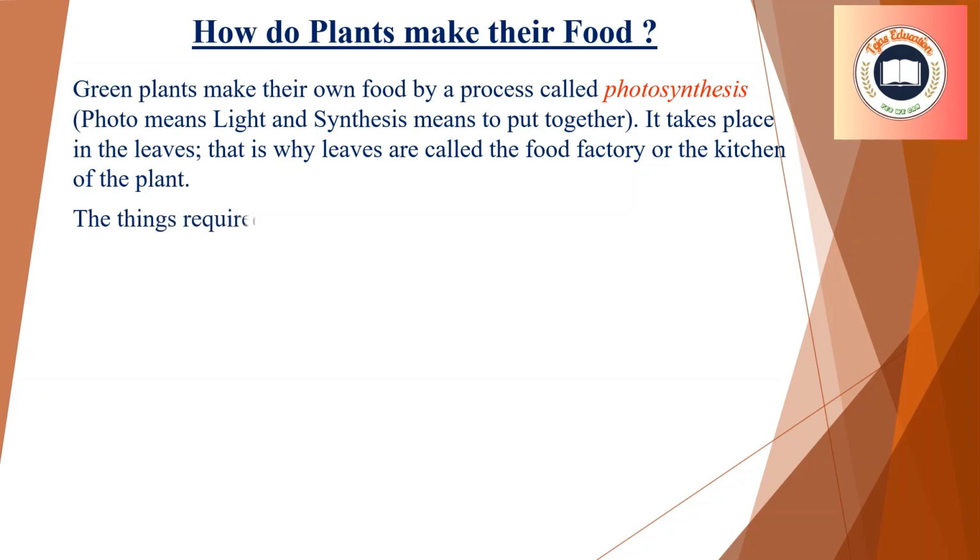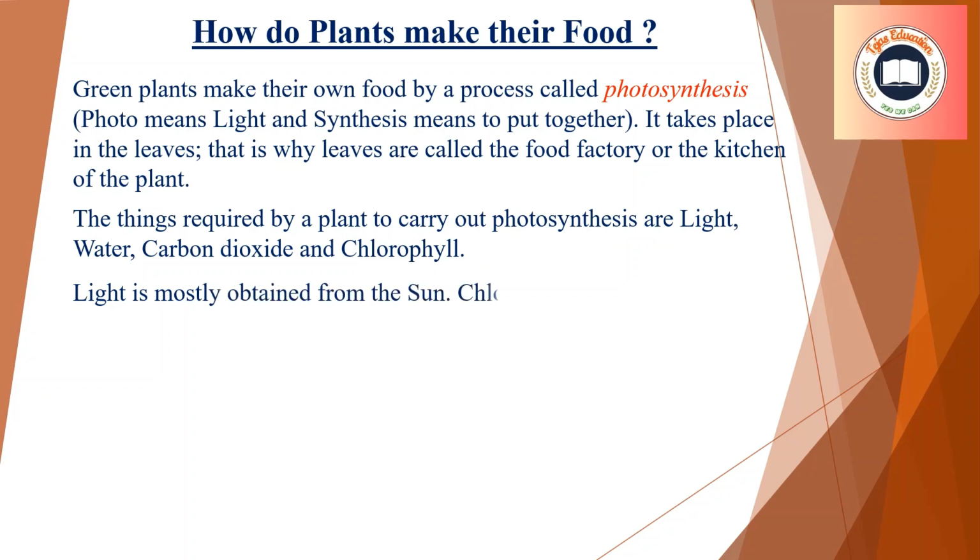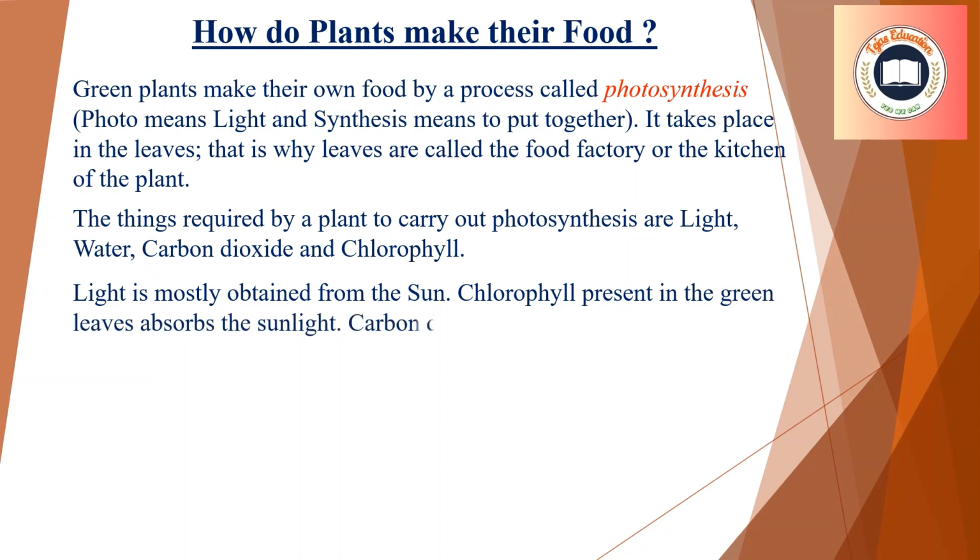The things required by a plant to carry out photosynthesis are light, water, carbon dioxide and chlorophyll. Light is mostly obtained from the sun. Chlorophyll present in the green leaves absorbs the sunlight. Carbon dioxide enters the leaves through stomata.